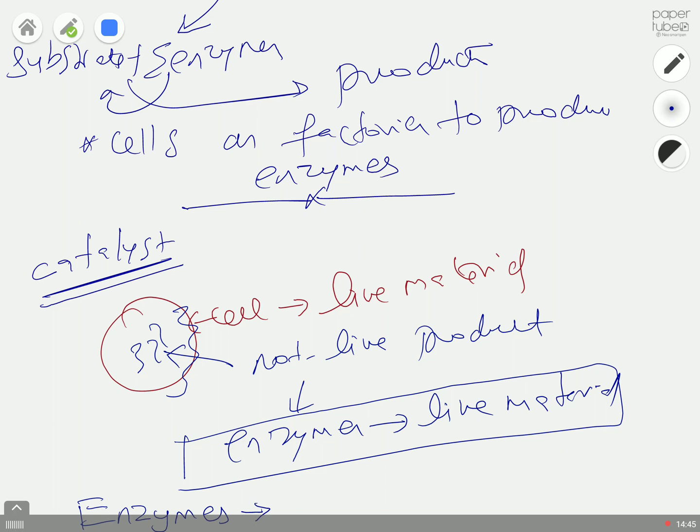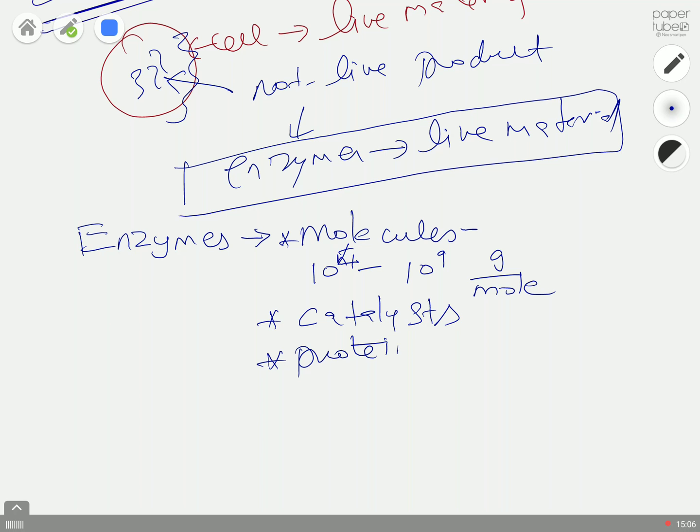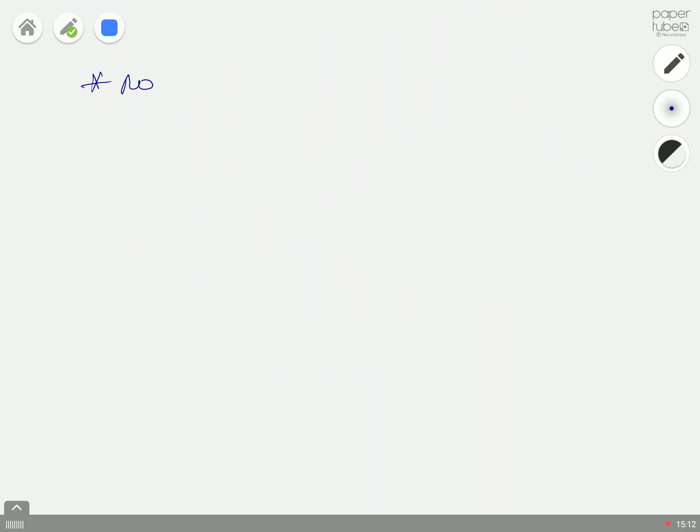So enzymes are molecules with molecular weight 10 to the power of 4 to 10 to the power of 9 grams per mole, they are catalysts, they are proteins, they are not live materials.